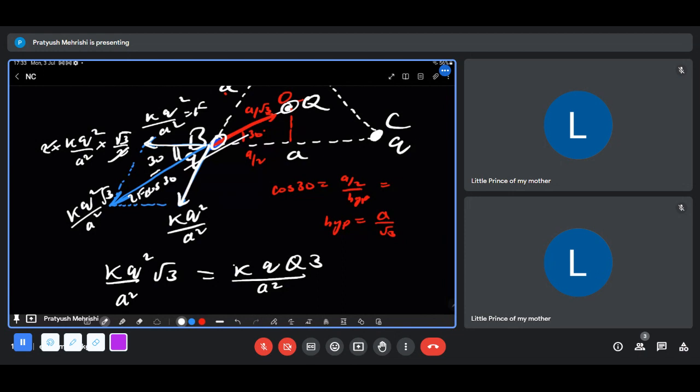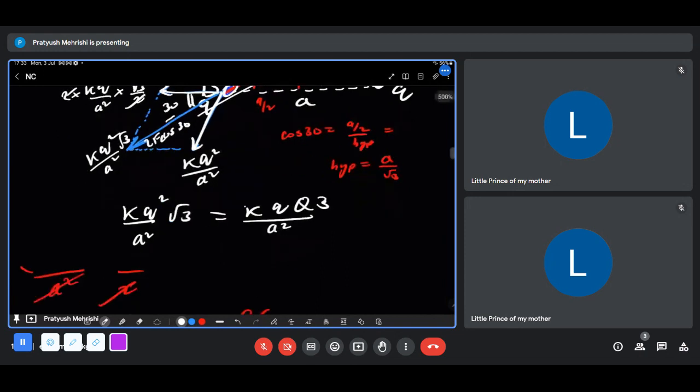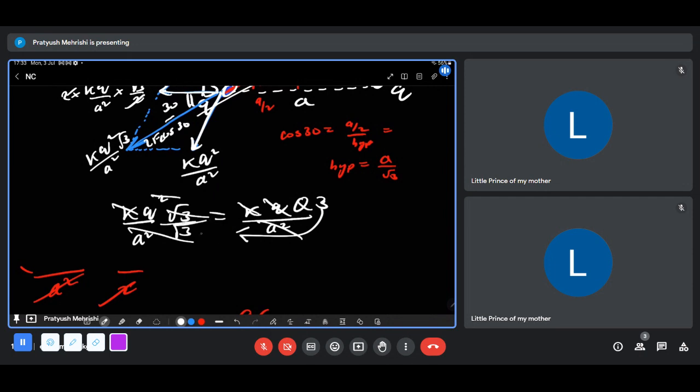The 3 will come here. Now again this K and K will cancel out. A square and A square will cancel out. Q square and this Q will cancel out. This 3 will go down, will come here. This root 3 will cancel it out. So capital Q will be what? Yes, what will be the capital Q?